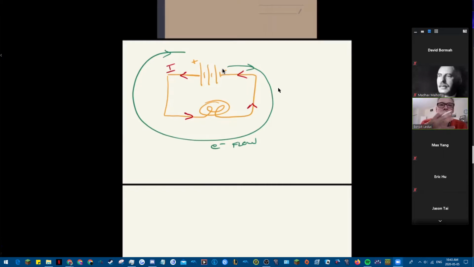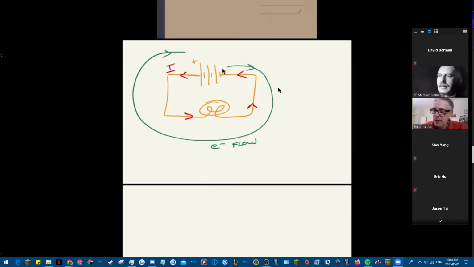Okay, and there's another reason too. Whenever I say conventional current, it is the direction that a positively charged particle would take.